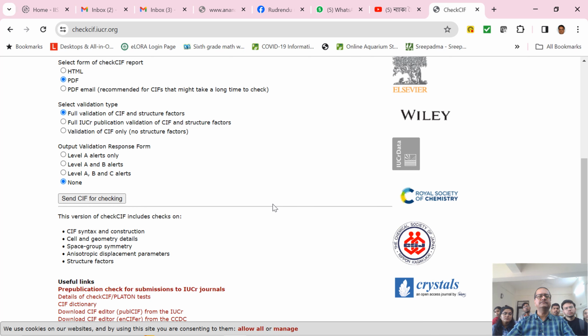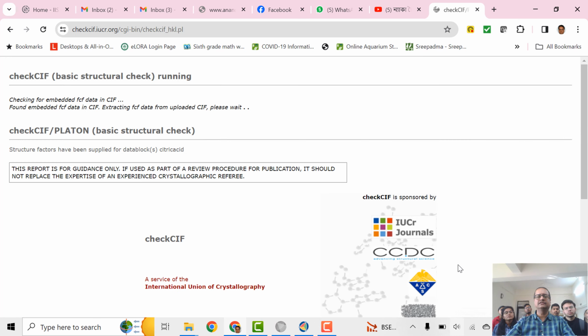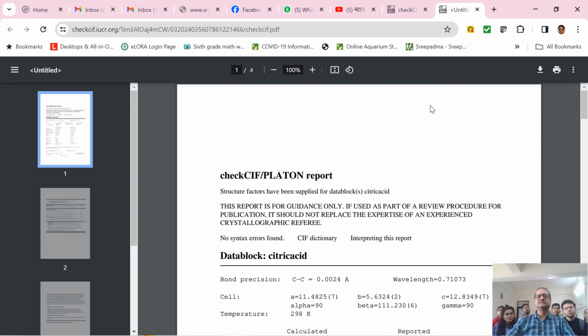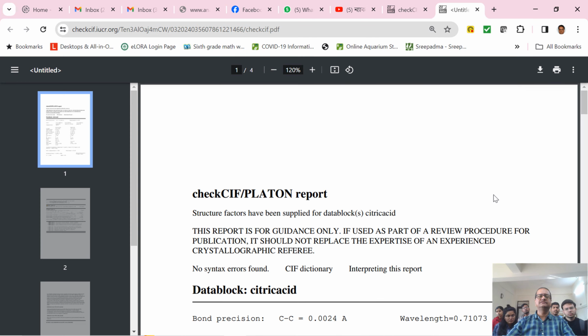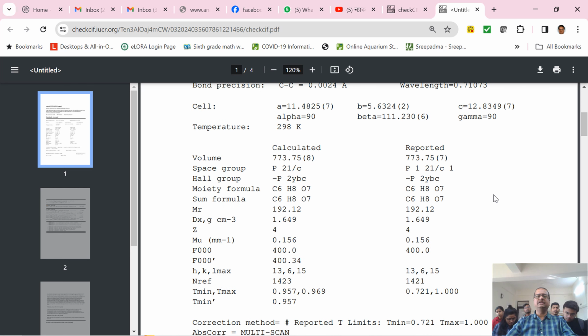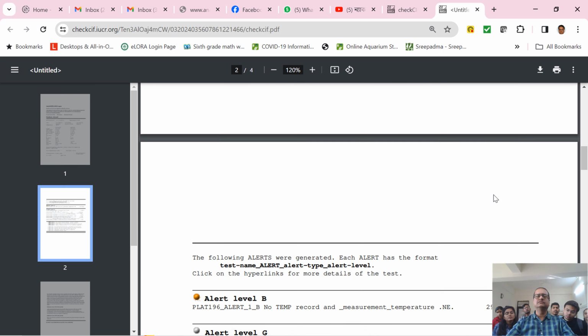And click on PDF and full validation. Sometimes it takes a while because the internet communication server and all that. So this CIF report is the ultimate, which tells you whether your structure solution refinement is flawless, there is no error, nor there is no alarm.